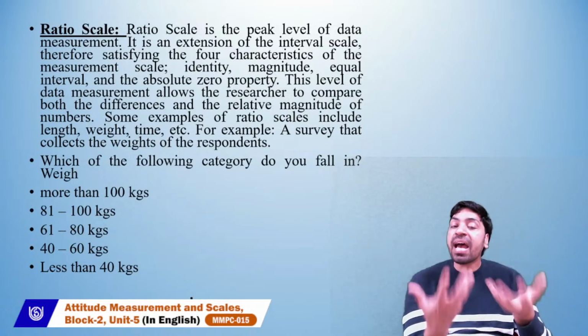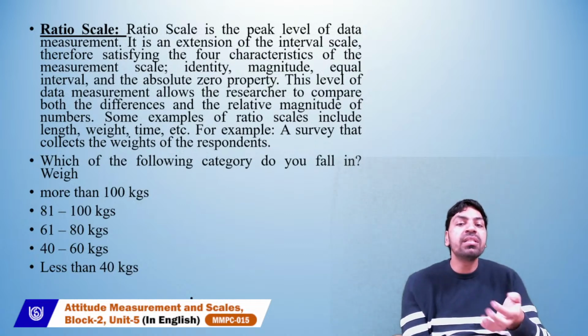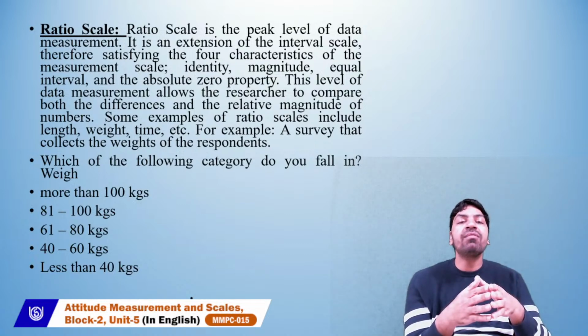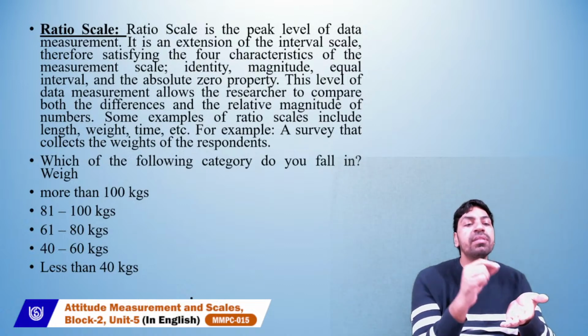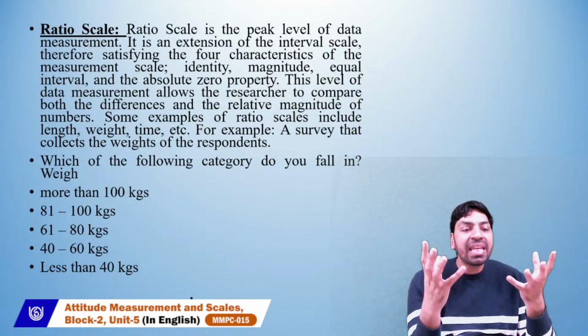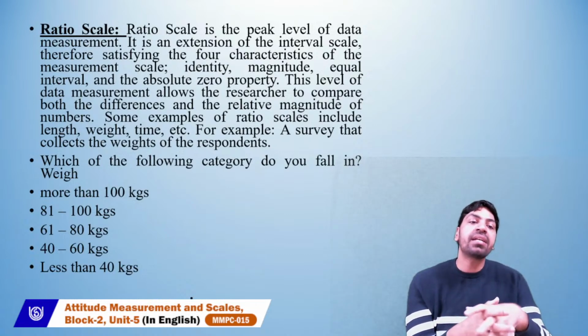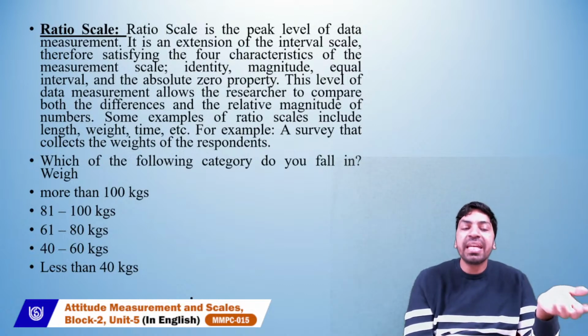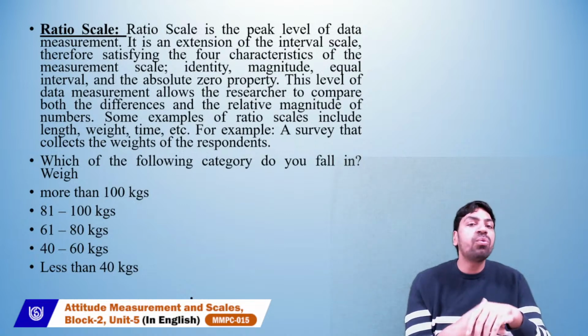If I am running a survey to collect the weight of my students, then we categorize the weights. We mention the response set of the relevant scale, which covers the ranges of the weights, that is more than 100 kg, then 81 to 100, 61 to 80, and so on.